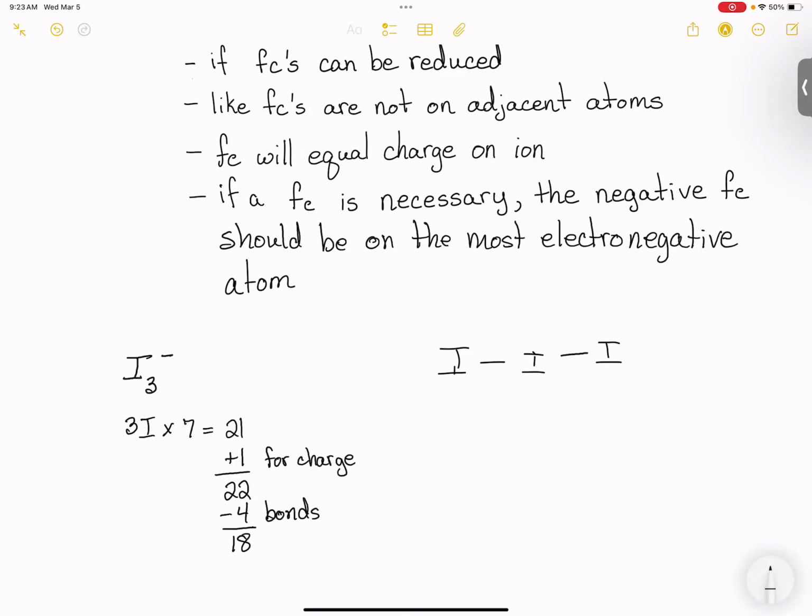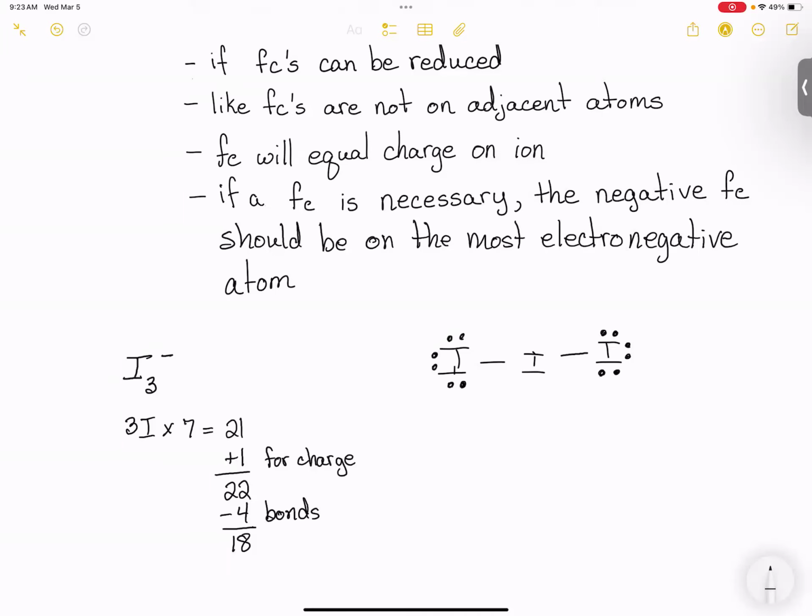The next step in the process says to give your outer atoms an octet. To give our outer atoms an octet, they need 6 electrons each. The reason they need 6 is because they currently have 2 in their single bond. So by giving them 6, they achieve an octet.